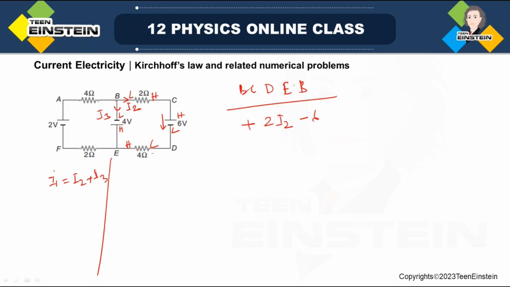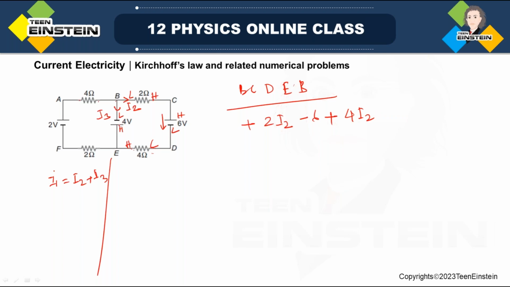Then at this particular branch, I'm going from low to high, so the voltage drop will be positive 4I2.